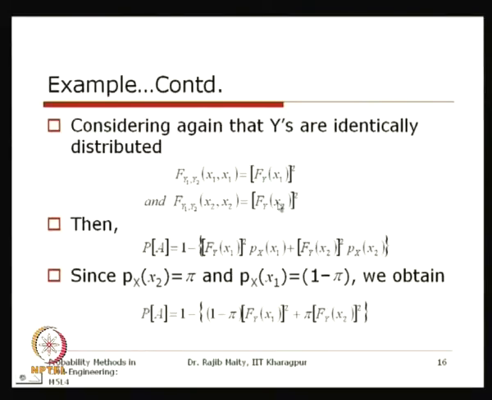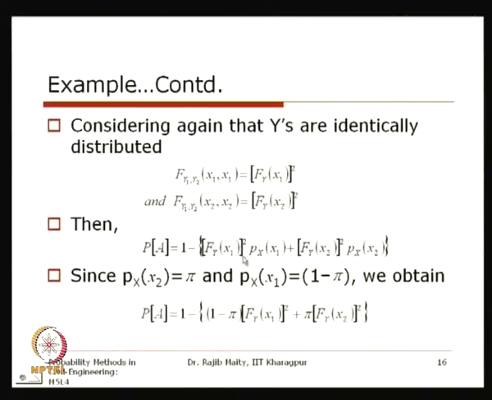Now, these two expressions are replaced in the expression for the probability of failure, which equals 1 minus f y x1 whole squared multiplied by the probability of supplying x1 amount, plus f y x2, the cumulative distribution of y for x2, squared, multiplied by the probability of supplying amount x2.